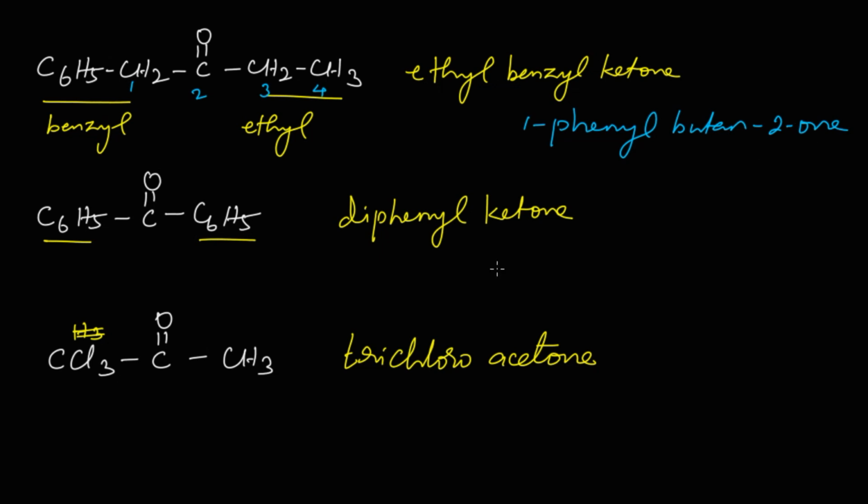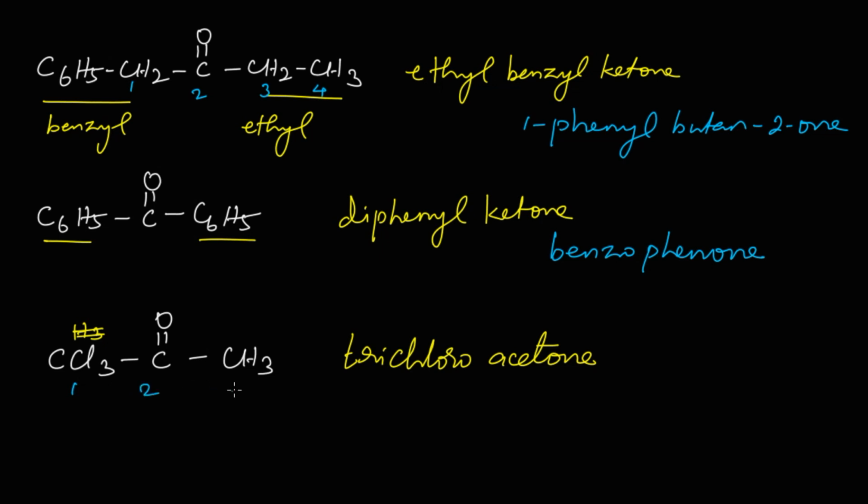So the IUPAC name of ethyl benzyl ketone is 1-phenyl butan-2-one. Come on, let's give the IUPAC name of diphenyl ketone. This is benzophenone. Benzophenone is the IUPAC name of diphenyl ketone.